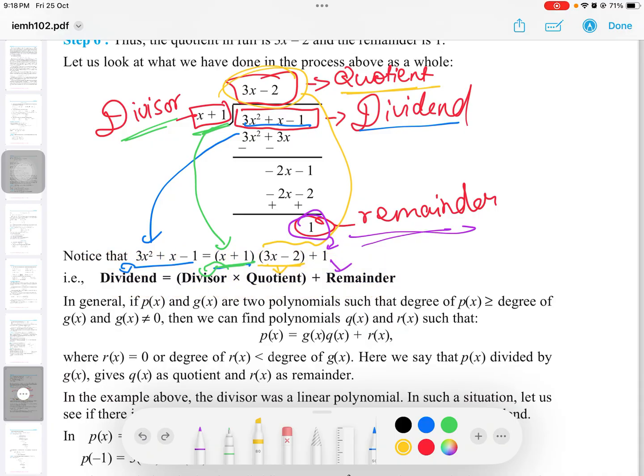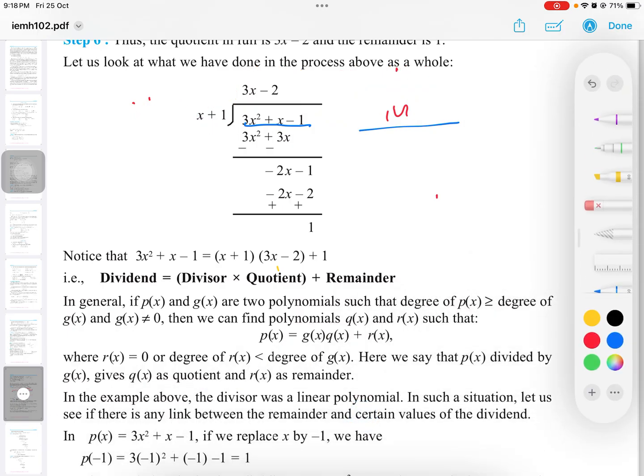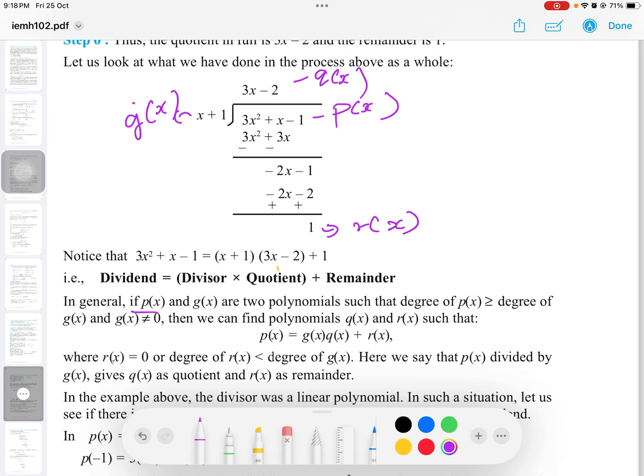So in general, let me clear this out. This might be too colorful and distracting maybe. There we go. This taskbar keeps on changing. What an inconvenience. Where was I? In general, this is p of x and this is g of x, this is q of x, and this is r of x.